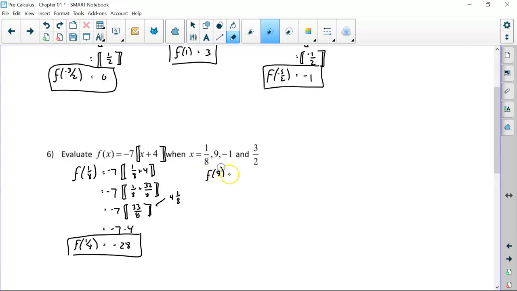F of 9. Negative 7, greatest integer of 9 plus 4. So it's negative 7, the greatest integer less than or equal to 13. Negative 7 times 13 is negative 91.